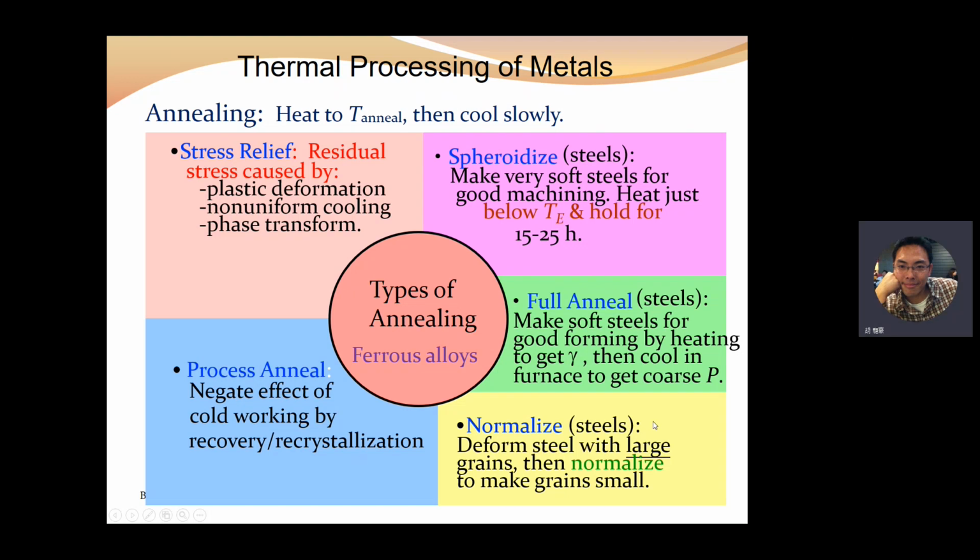And you just need to heat up to below its equilibrium temperature, or eutectoid temperature, and hold it for 15 to 25 hours. The process of annealing negates the effect of cold working by recovery and recrystallization.